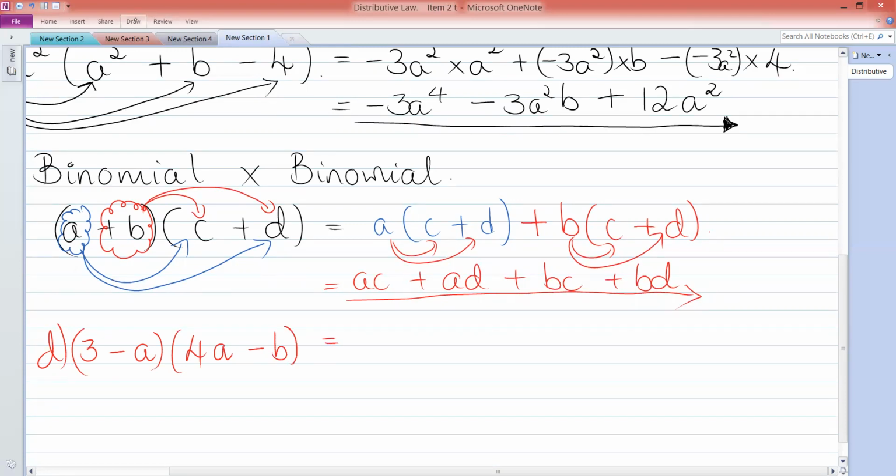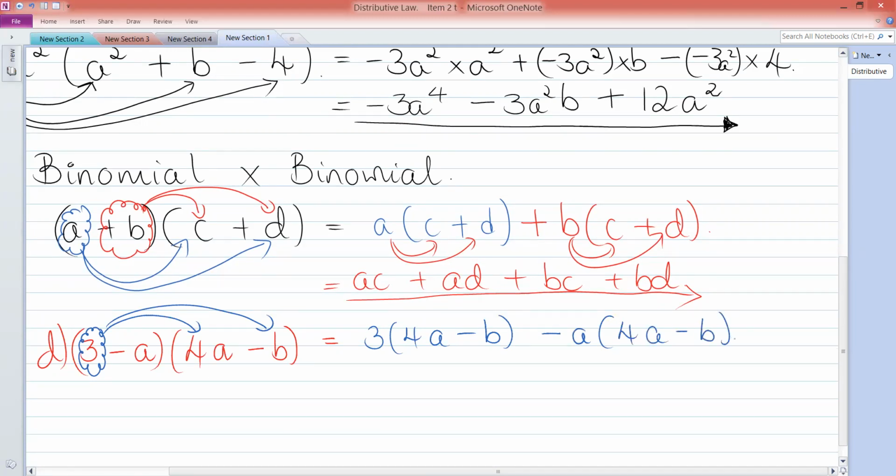So we start by taking our 3, right? And we're going to multiply it into there. So this becomes 3 times 4A minus B, and minus A into 4A minus B. Okay.